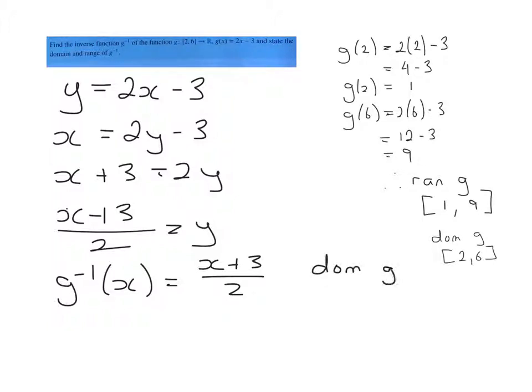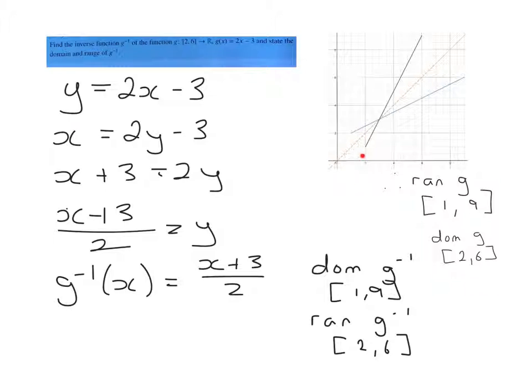The domain of g minus 1 is 1, 9, which you'll notice was the range of the original, and the range of g minus 1 is 2, 6, which you'll remember is the domain of the original. So this is how we can apply our knowledge of inverses and domain and ranges to each other and see how they affect each other.